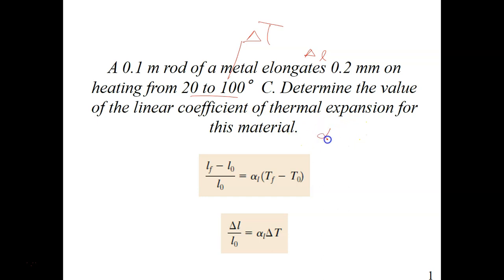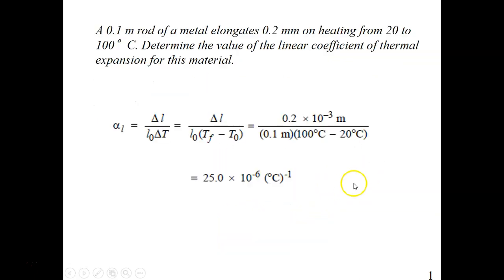So they are asking you to calculate the alpha in this case, and you can use this equation to calculate your alpha. You know your delta L, you know your L naught, and you know your delta T. And very simple, you can work out your coefficient of linear expansion.